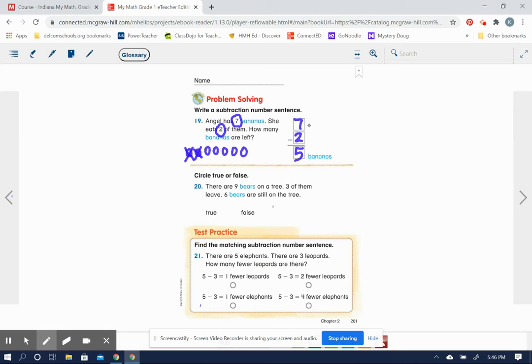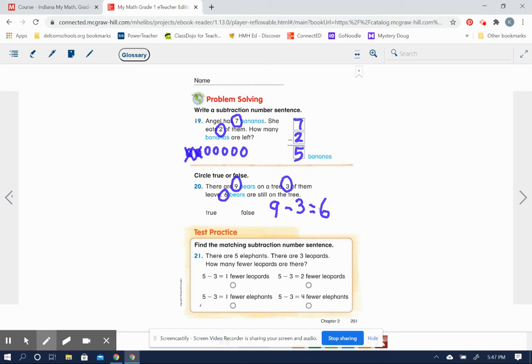So write a number sentence and see if that makes sense. What's the biggest number of these in the story here? We have 9, 3, and 6. Yeah, the biggest is 9. So that's how many bears started out on the tree. And then how many left? It says 3 of them left. And it says that 6 are still left on the tree.